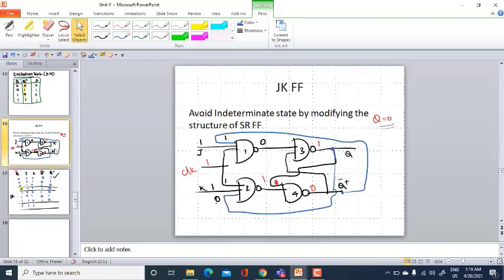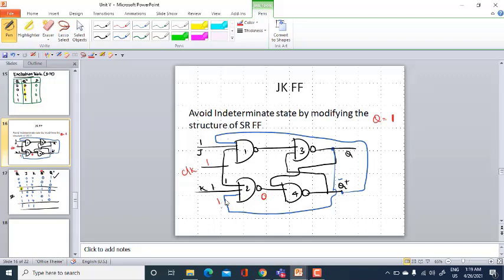Again, I have to go ahead with Q being 1 as the previous state. J and K are 1, the clock is 1. So the outputs of gates 1 and 2 depend on the previous state. This Q is connected here, this is 1. So with 1, 1, 1, when all are 1, the output of the NAND gate is 0.